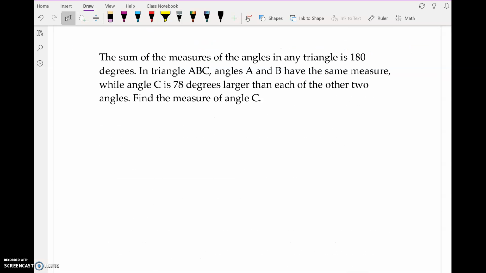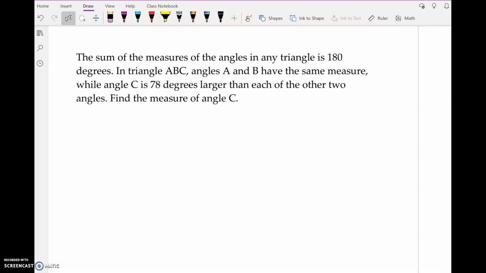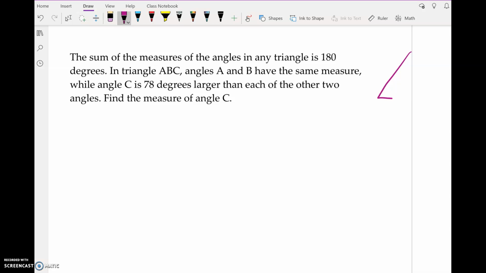Okay. So the second question is talking about a geometry, a triangle. To help us figure out what is going on for this problem, we can draw a really simple picture with a triangle, and it has labeling the 3 angles as A, B, and C. So the A and B are the same, and C is 78 larger.